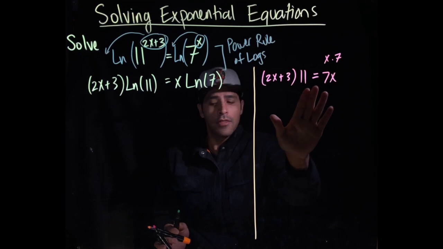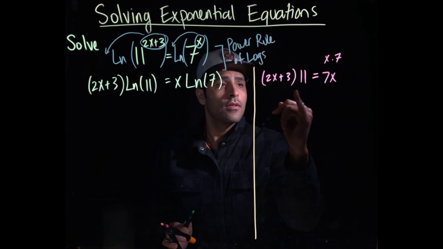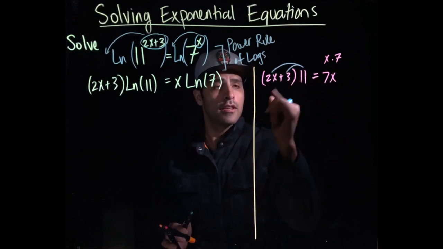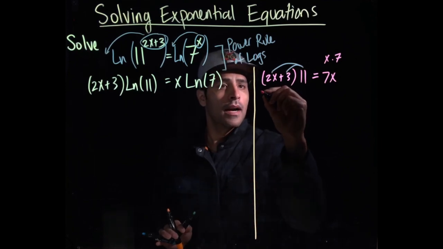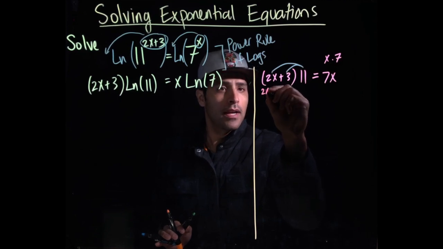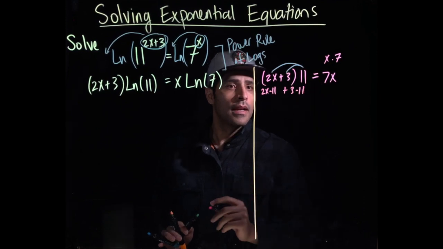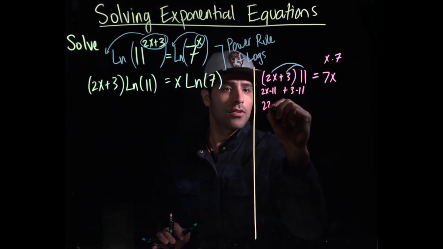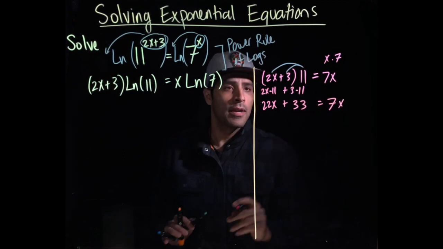But in this format, I think you're a little more used to seeing this one, and you're probably already seeing, oh, here, to start solving this equation, I have to distribute the 11, the number, with the expressions on here, and to do that, you would multiply in your head 2x times 11, and plus 3 times 11, and then you would actually multiply the 2 with the 11 and do 22x plus 33, and then on this side you just leave it the same, right?